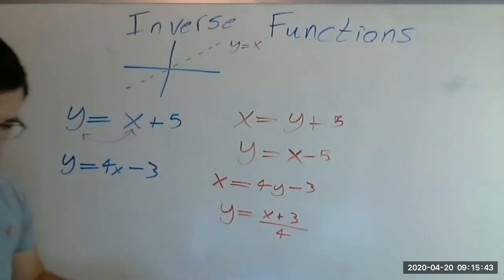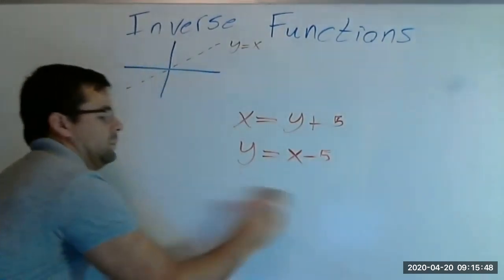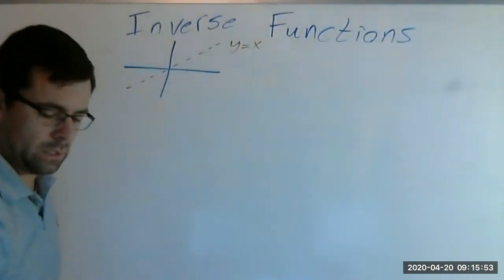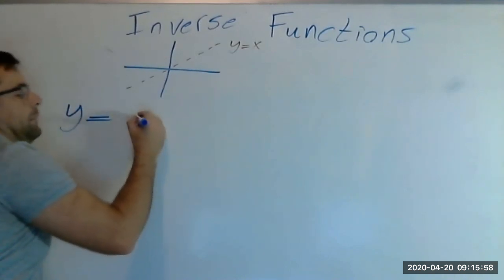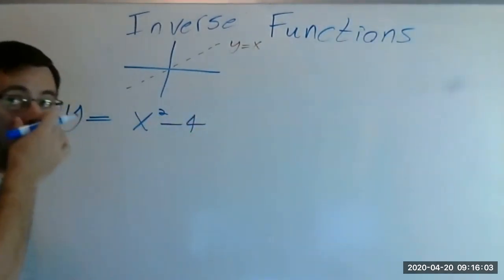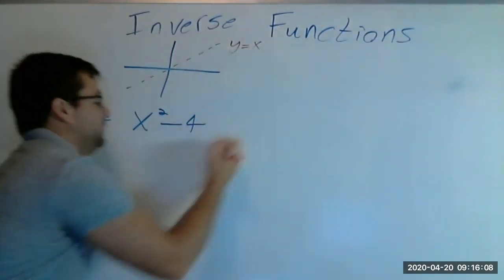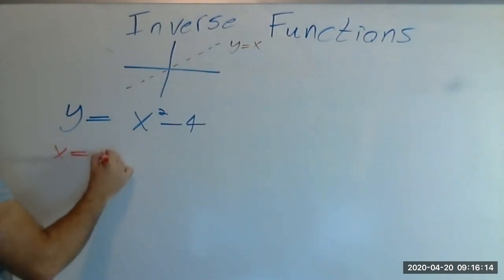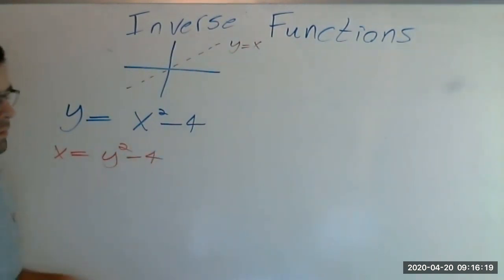So let's do one a little bit different. So we switch them, we get x equals y squared minus 4.